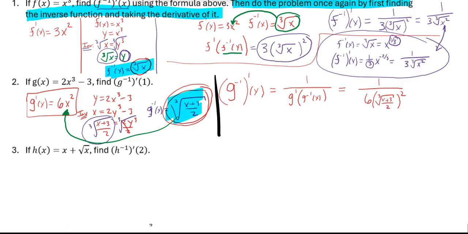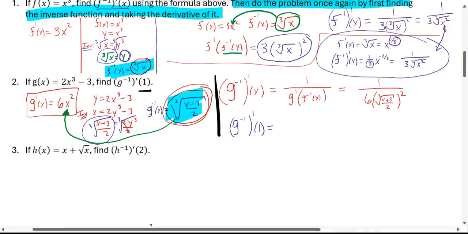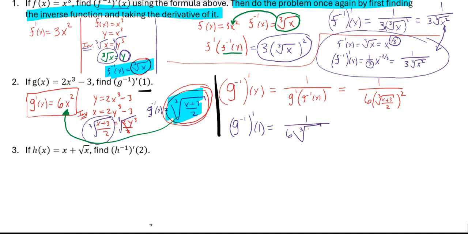Now, in this particular problem, we want to know, excuse me, the derivative of g inverse at 1. So we're going to go ahead and plug 1 into this. So the derivative of g inverse, not of x, of 1 is just taking that expression and plugging in 1. 1 over 6 times the quantity cube root of (1 plus 3) over 2, squared.